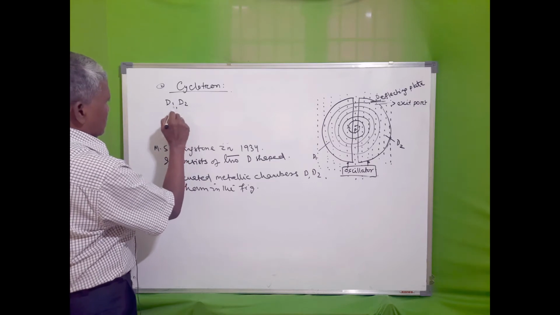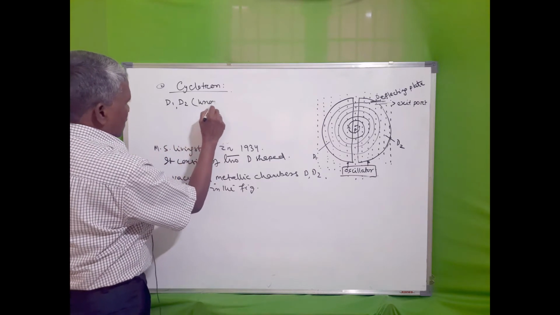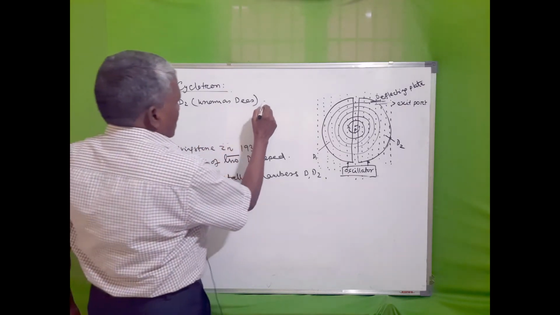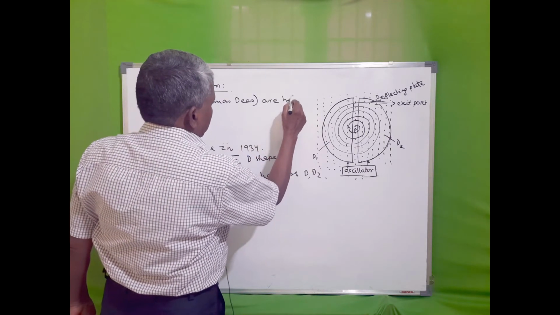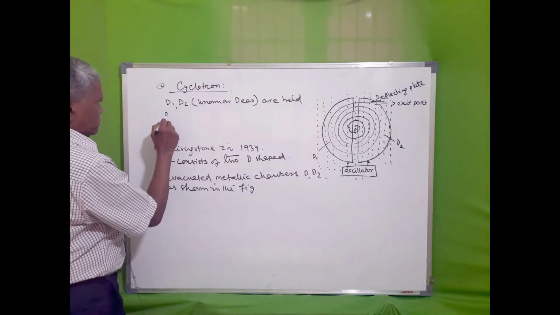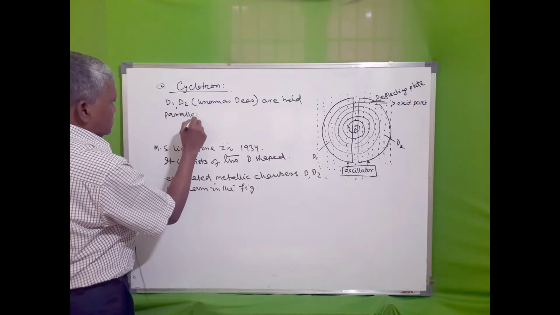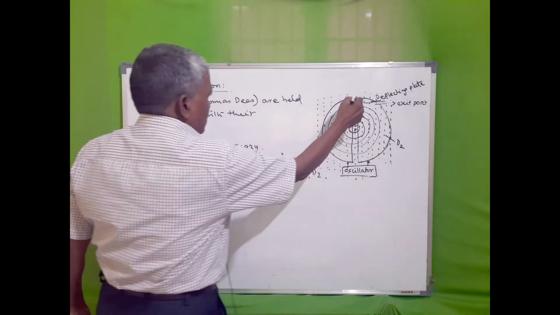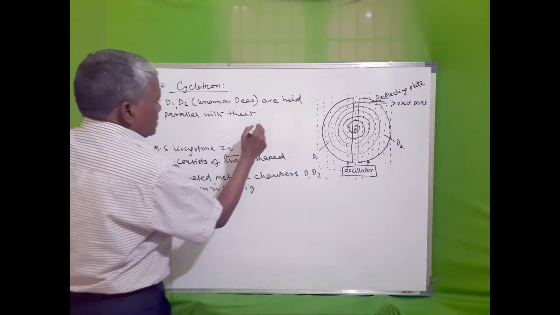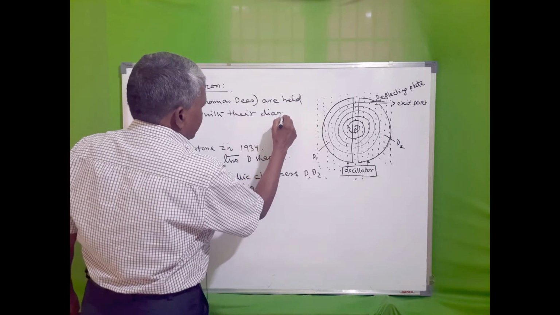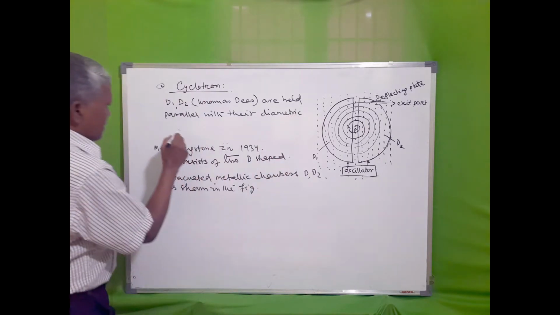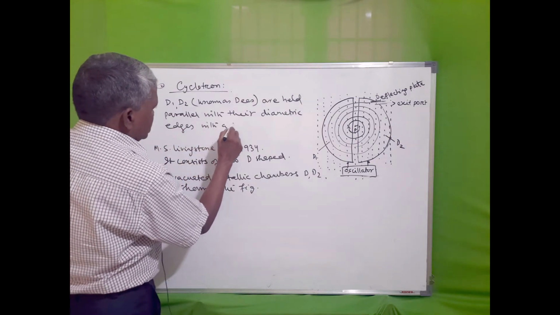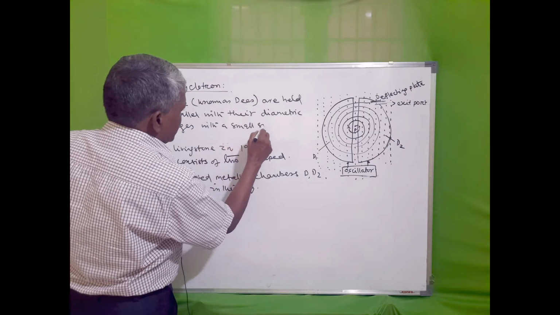D1 and D2, known as Ds, are held parallel with their diametric edges, with a small space in between.